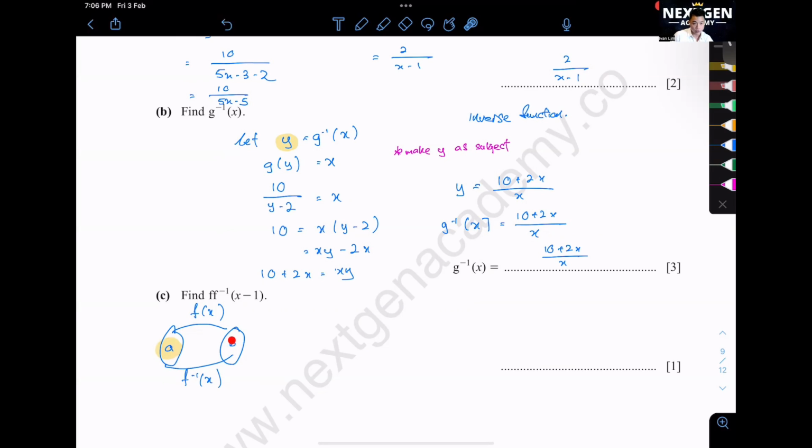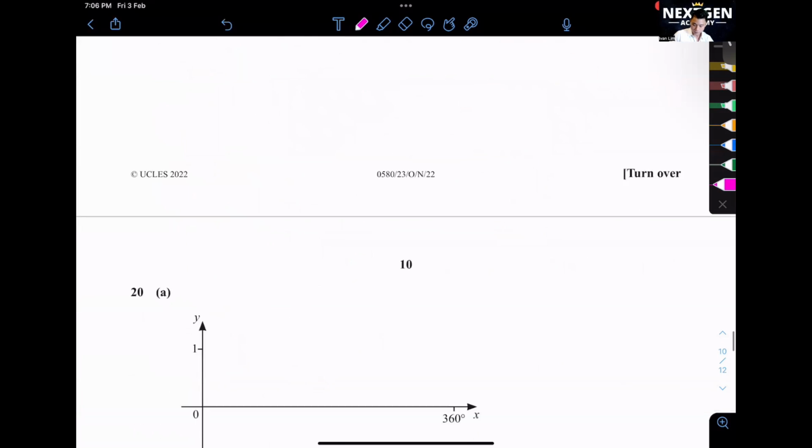I don't know what my output is, but I know it will come back here again. So basically, it will go back to x minus 1 again. Just the same, correct? Don't go and change. It's not x, it's whatever is inside the bracket. In a way, you can think of it like this also: f and f inverse, you can just cancel it. So this is the theory of function that you all have to remember.